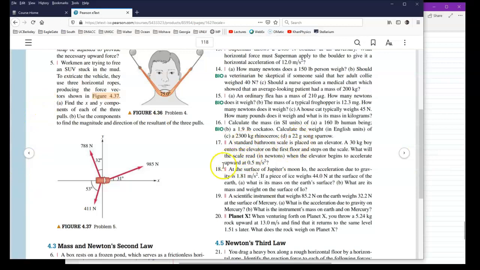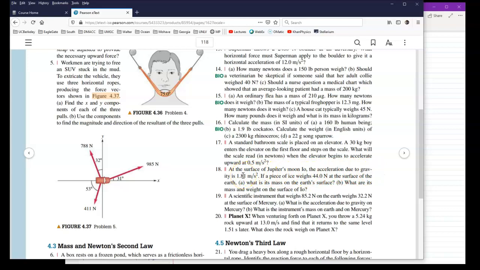It says right there, at the surface of Jupiter's moon Io. Jupiter has, I think, like 16 moons, but there are 4 major ones: Io, Callisto, Europa, and Ganymede. So one of the moons is called Io. At the surface of Io, the acceleration due to gravity is 1.81.